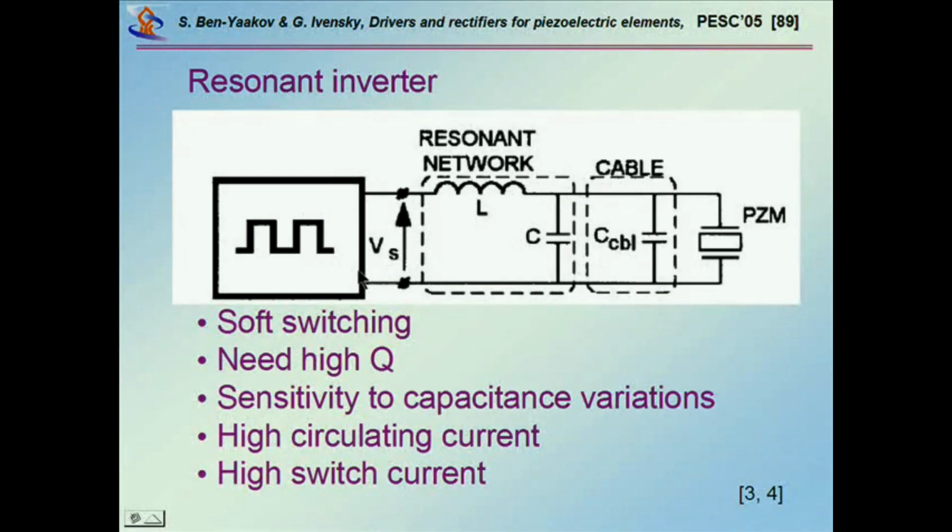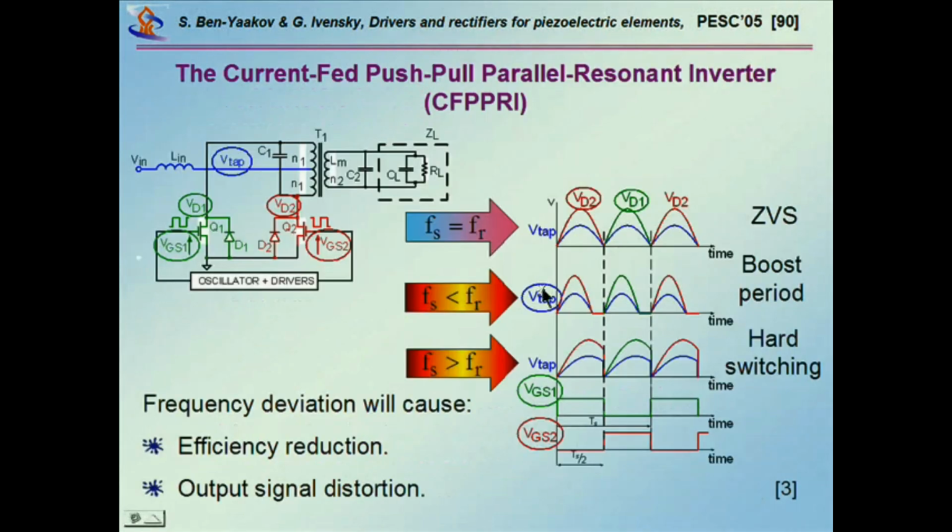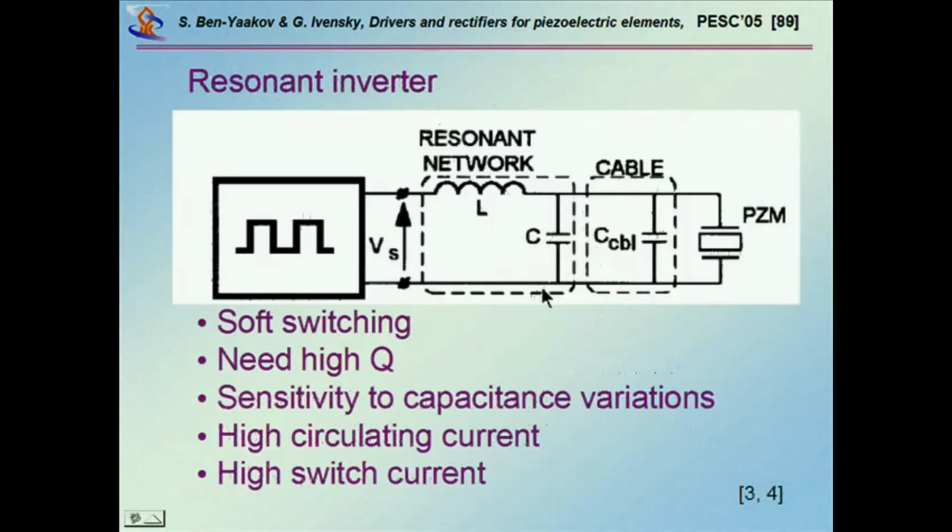And this reactive current is many, many times larger than the actual power or current that is associated with the power. Another problem is that if the capacitance of the piezo is changing, or due to cabling, for example, you lose the resonant point and you have to retune it all the time. So consequently, there is a sensitivity to this capacitance.